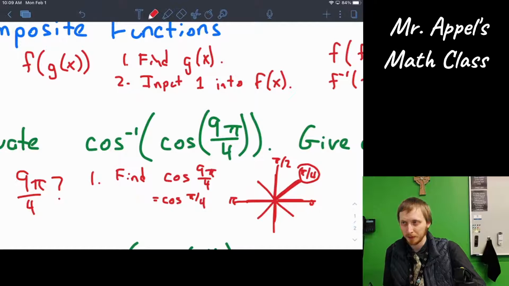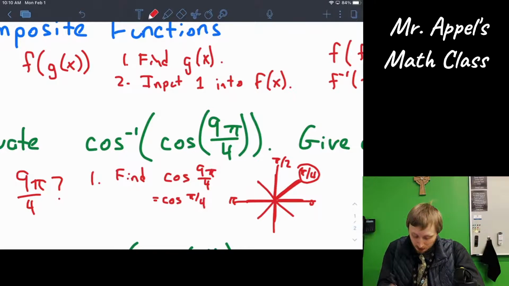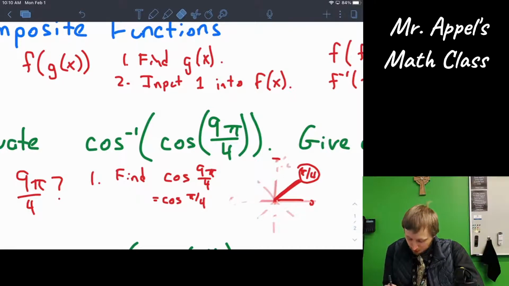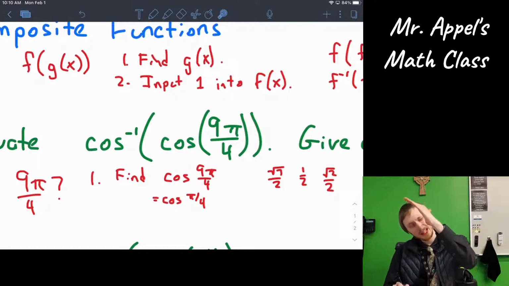pi over 4. Okay, ooh, what else do we remember from our unit circle? If you have to look it up, look it up. I'm going to try without. We'll see how well I do. I know that there are only 3 critical numbers on there. One of them is square root 3 over 2, one of them is 1/2, and one of them is root 2 over 2. Pi over 4, that's that 1/8.